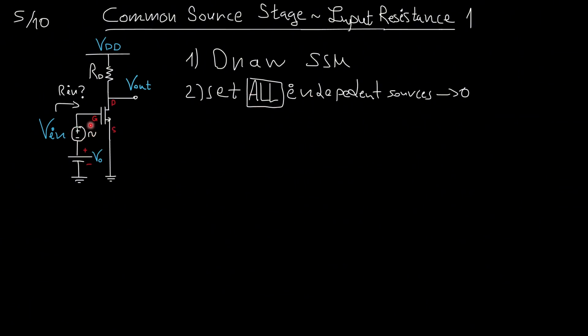This includes our input voltage here. This is akin to the Thevenin equivalent of circuit theory that we know and love from the past. And then we must apply this, we call this the Thevenin voltage, and measure the Thevenin current and find the Thevenin resistance. I just called it Vx, Ix, and Rin.